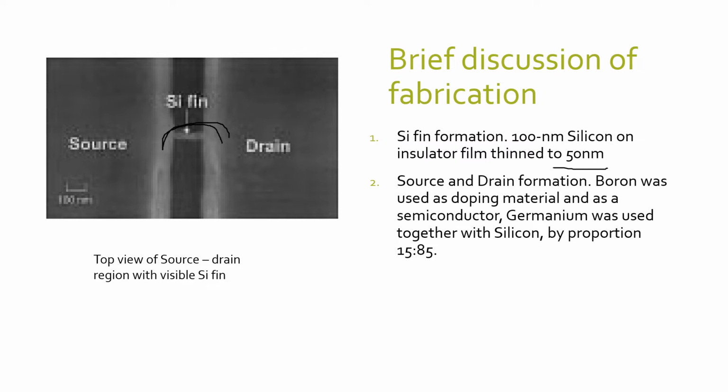Because it is a p-type material, boron was used as an acceptor atom. And as a semiconductor, not only silicon but germanium was used as well, with concentration 15 percent germanium to 85 silicon. So out of 100, we have 15 germanium and 85 silicon.